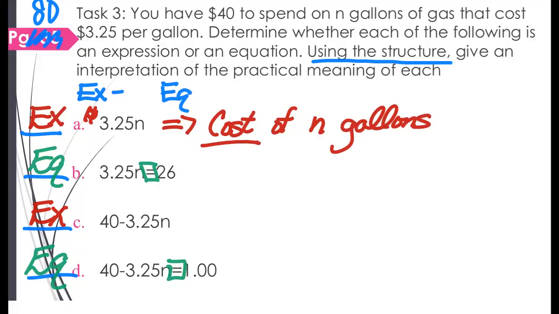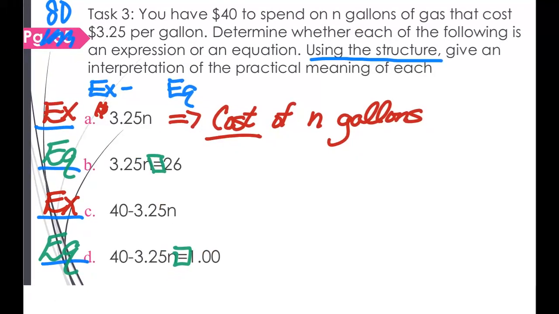It is a cost. That's what I'm trying to get you to say. So as you look at this, try to think of how would I label it. That's going to give you the amount. Do you see what I'm saying? Could we put cost of n per gallon or just cost of n number of gallons? Cost of n number of gallons.